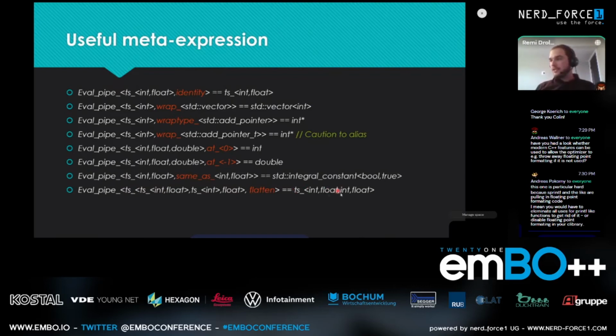So there's no more TS there. It will output int float. But if you flatten, it's only on one level. So if you have a TS of TS of TS, it will output just a TS of TS. I hope you follow along on that, but it's only one level of flattening. I describe this as a necessary evil because sometimes in the algorithm that you use, basically you have to flatten it.